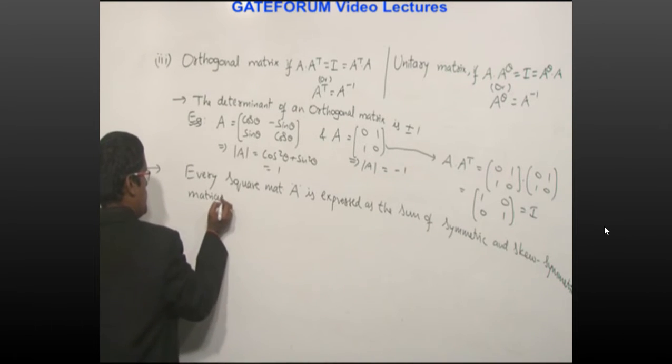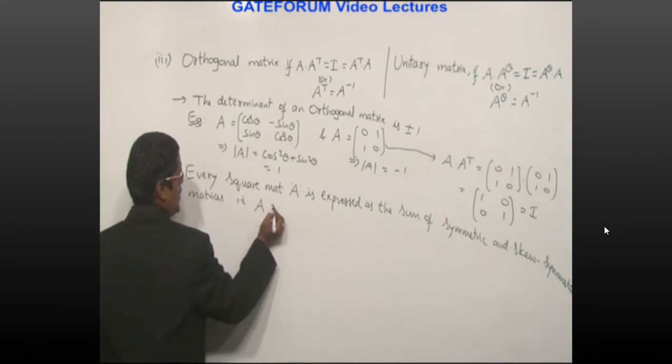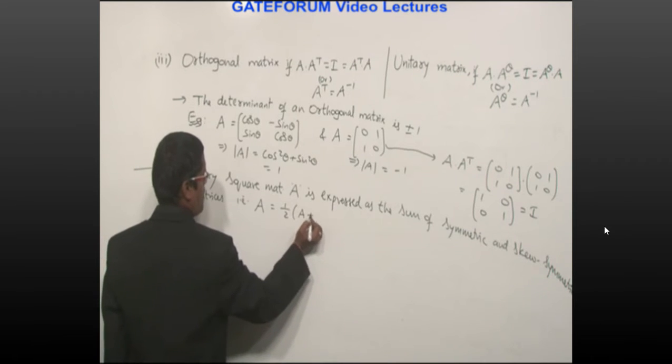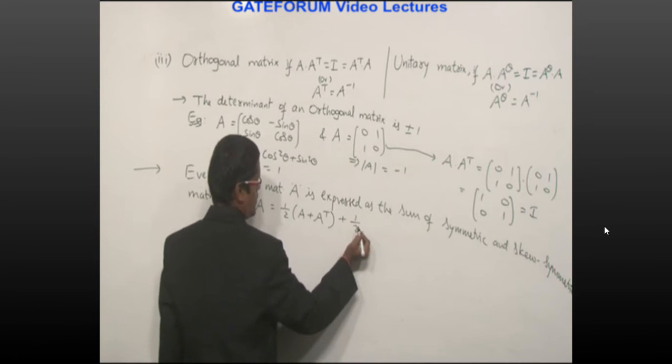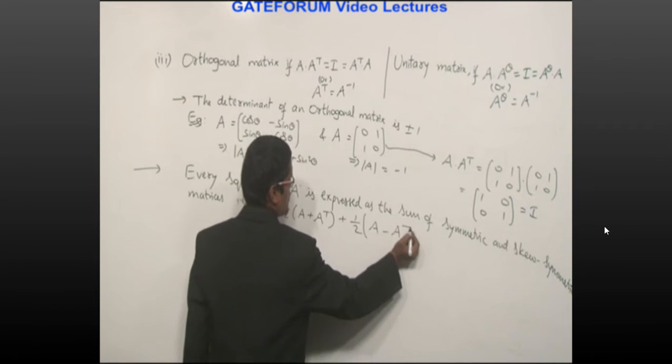Okay, that is A is equal to half into A plus A transpose plus half into A minus A transpose.